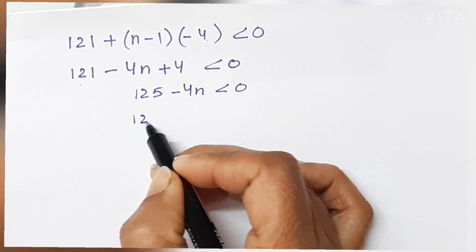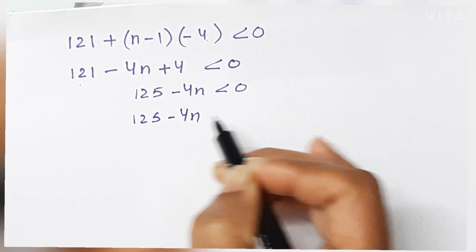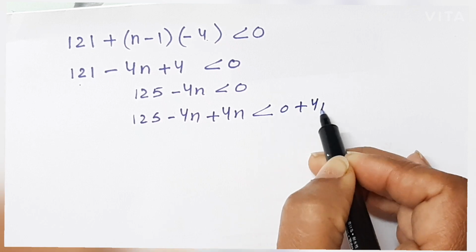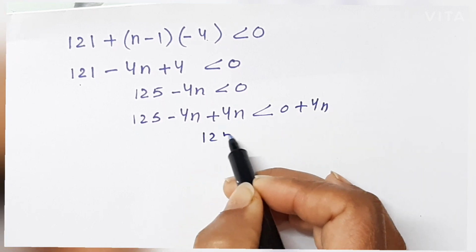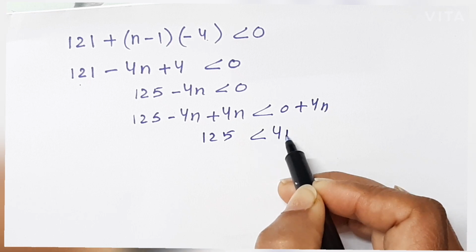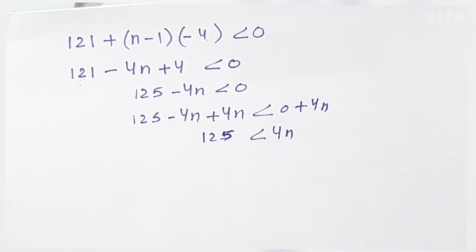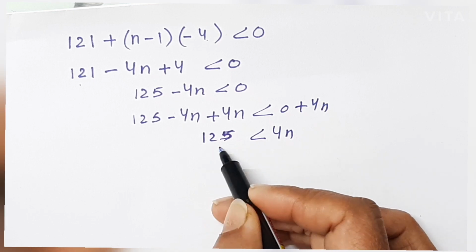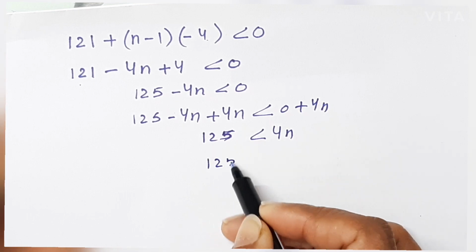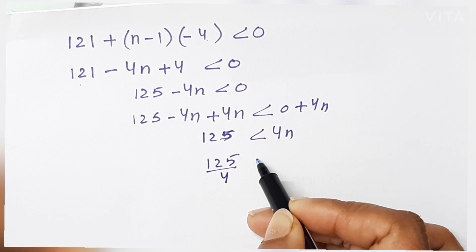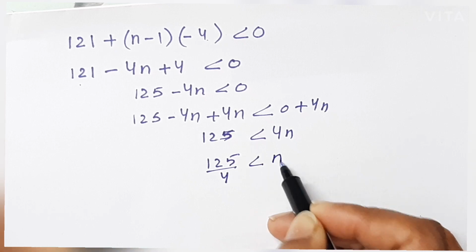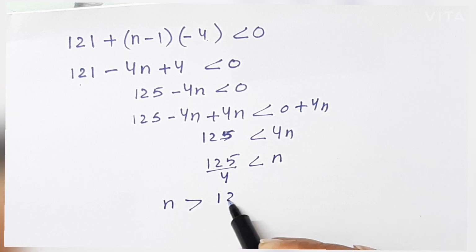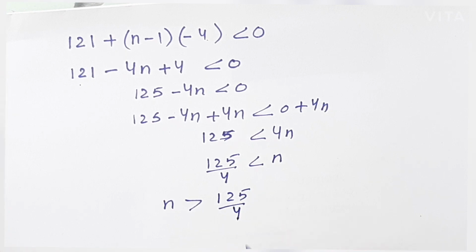That is 125 minus 4n plus 4n less than 0 plus 4n. So it is 125 is less than 4n. Clear? So what is now this? If you divide both with 4, it is 125 upon 4, which is less than n. Or you can say n is greater than 125 upon 4.